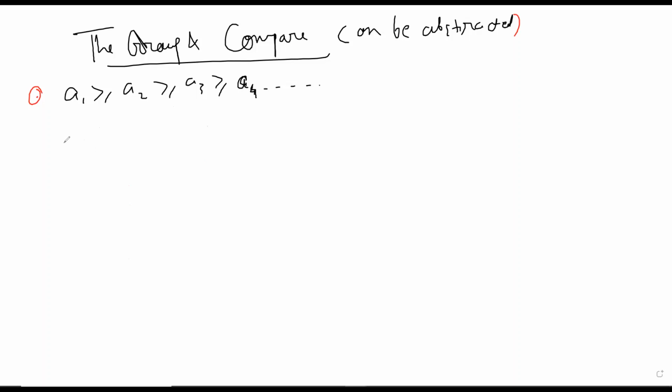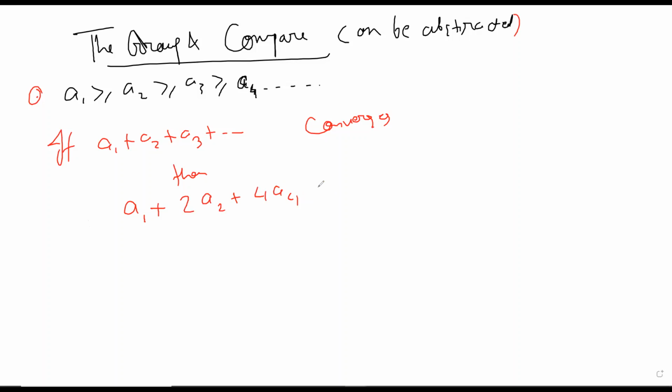This one we can think. So the statement is this: if A1 plus A2 plus A3 and so on converges, then A1 plus 2A2 plus 4A4 plus 8A8 dot dot dot also converges.